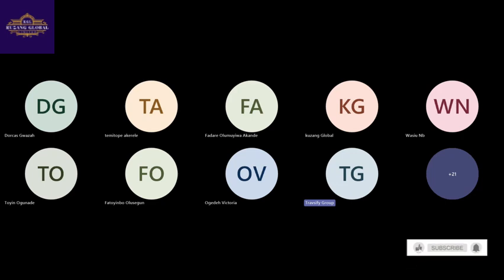So the ATS, like I said, is a software that helps employers manage their recruitment process by automating the collection, sorting, and analyzing of resumes. Now, let me tell you 1,001 reasons why most people don't get a job. It's because of the ATS. Because the ATS is automated. It's a software, kind of an AI bot.